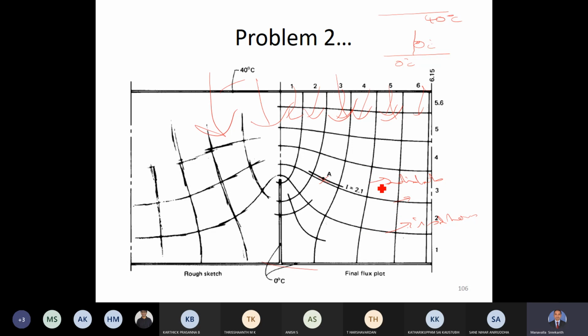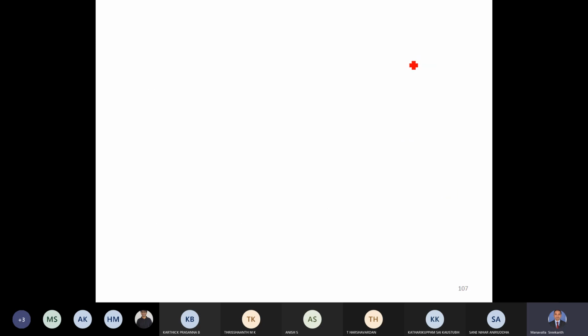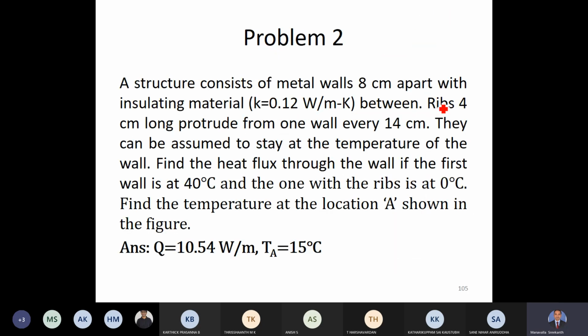Okay, so to start solving this problem, basically we need to find the shape factor. If we know the shape factor, we know that Q is equal to S K delta T. So this is the basic formula. Now, do we have the conductivity?